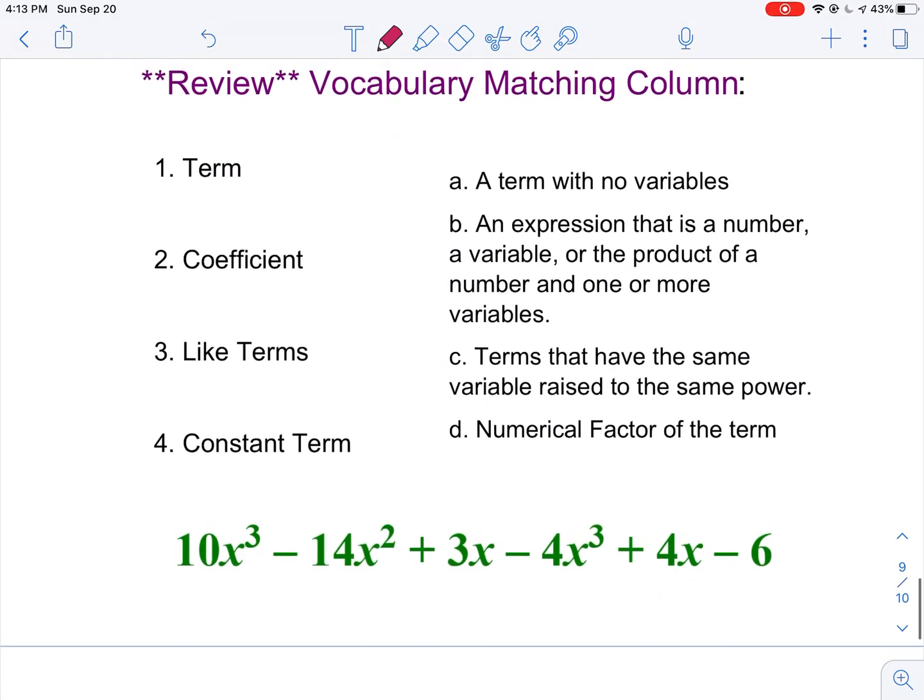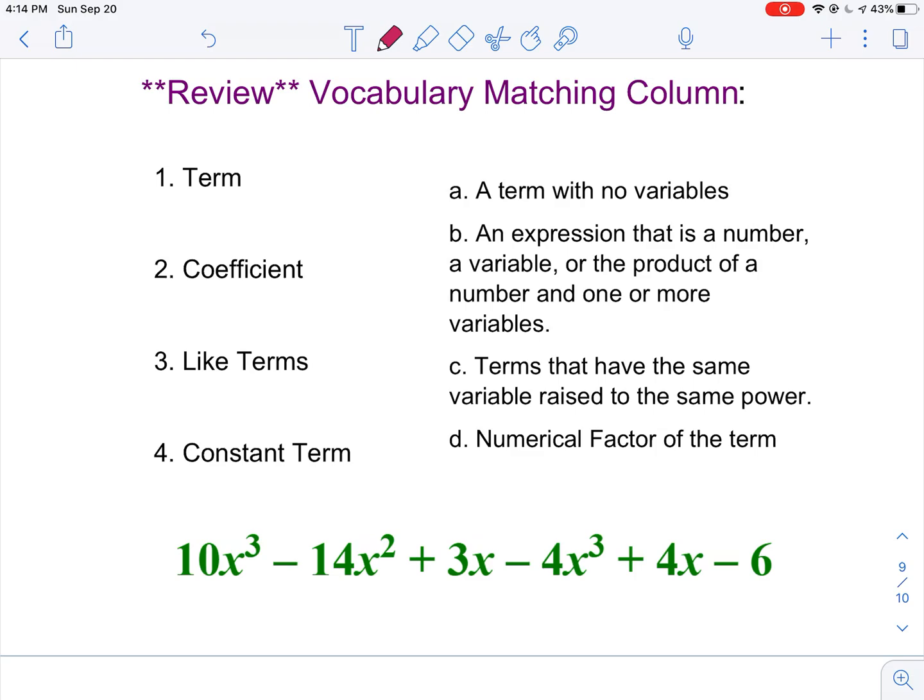And the last set of vocabulary words: terms, coefficients, like terms, and constant term. So in order to know what a like term and a constant term is, we need to pay attention to what a term is. And basically, a term is just one of those individual values that you are adding or subtracting to each other. For instance, 10x to the third power is a term.